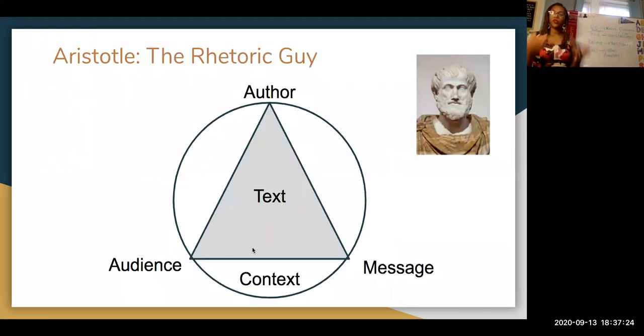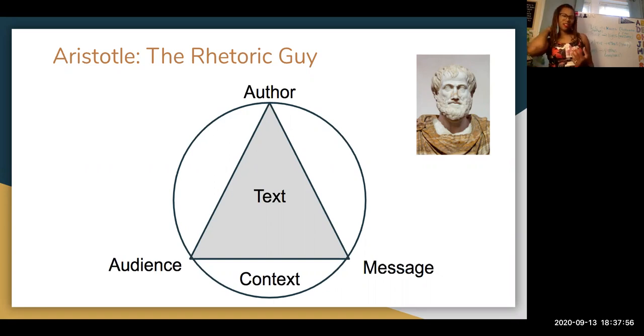Okay, so this rhetorical triangle you'll see everywhere. At the top here we have author, so author or speaker. Author or speaker is connected to ethos appeal. How is the author or speaker setting up their audience to trust? If I am the speaker, I first have to make sure that I have a sense of authority on the subject matter, that my audience trusts me as a person.